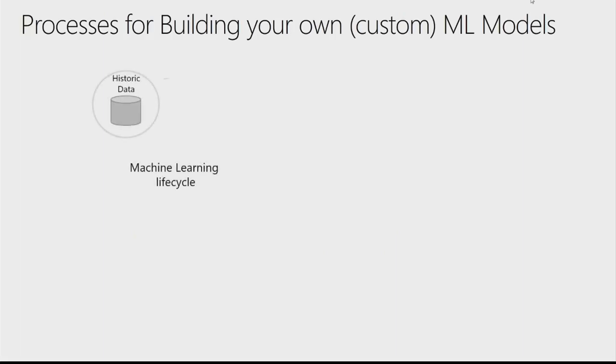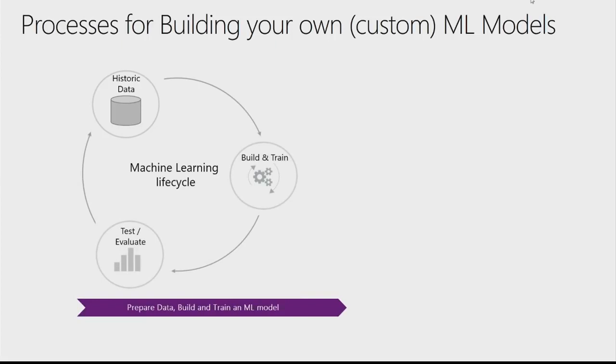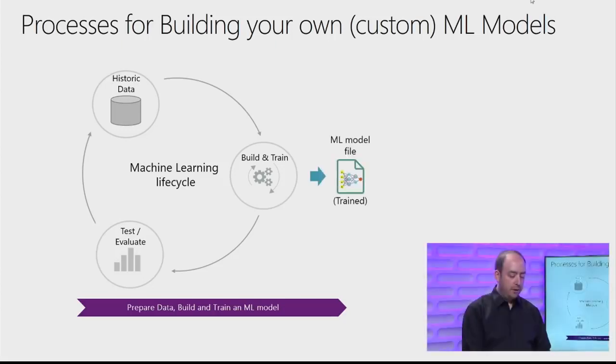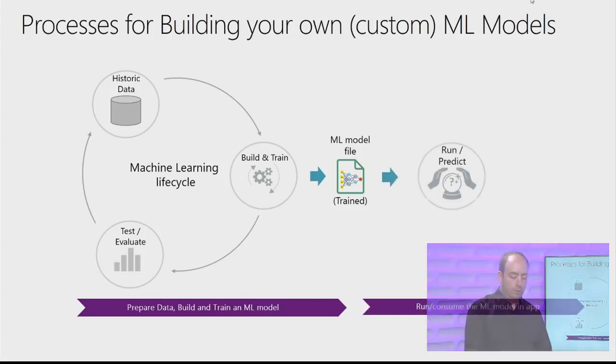So in a little bit more detail, the process is: you have a bunch of historic data, then you build your model and train with that data, and then you test it, you evaluate the accuracy of your models, and when you think it's good, then you generate a model file, which in the case of ML.NET is a zip file, and then you run it or predict or score in any application, right?